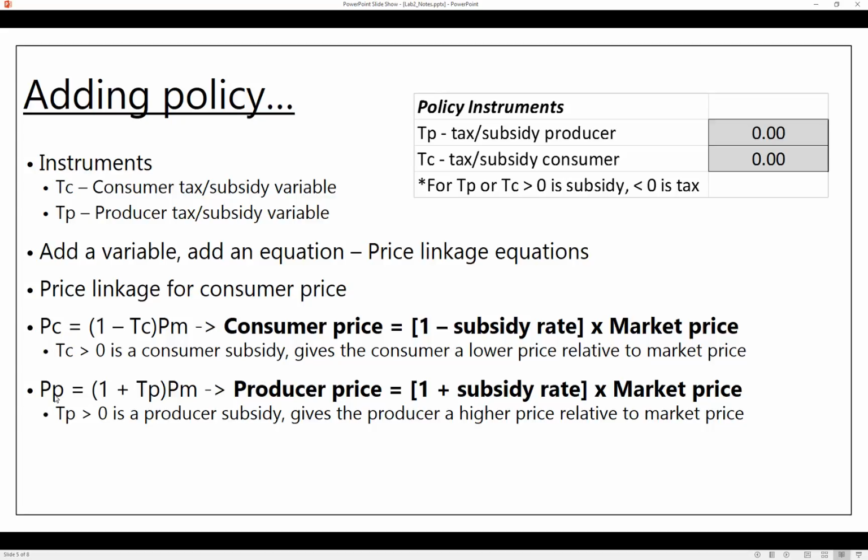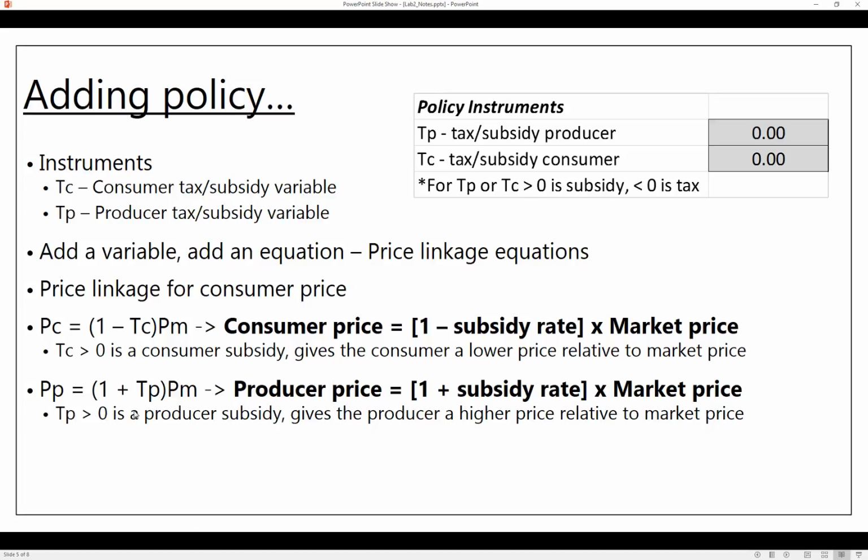Let's go down here. We have the producer price, and the producer has just the opposite viewpoint of the market price as the consumer. The producer views it as a subsidy, a boon or a benefit, if the price they receive is higher than the market clearing price. So if we want to make it so that the policy instrument for producers, TP, greater than 0 is a subsidy, we need to write our price linkage equation as 1 plus the subsidy rate, and the subsidy rate is given by TP.